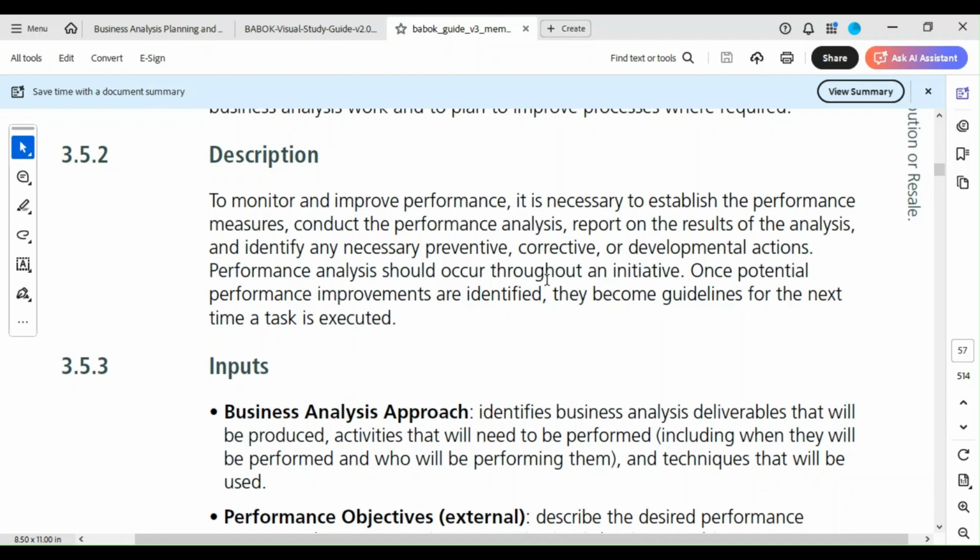You put together a guideline and you build on it. Because in the next phase, or in the next release, there will always be stuff to improve on. You gather them, like, okay, this is the mistake, this is how we can improve on it, correct it, and prevent it, and you build on it as your guideline for the next time a task is executed.